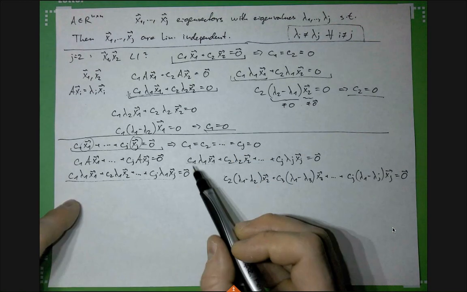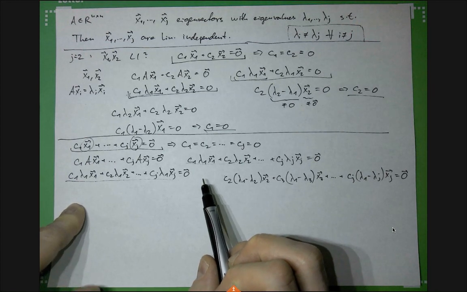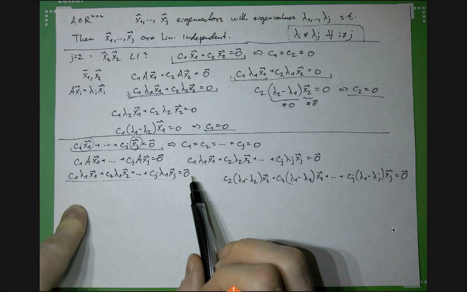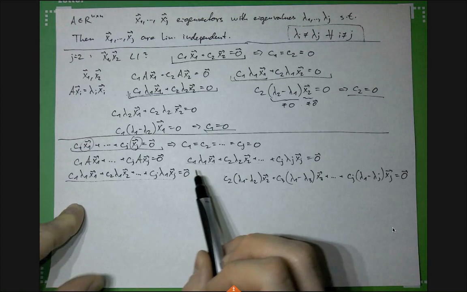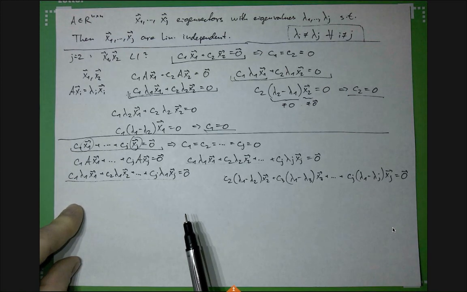So this way I eliminated the C1. That's what happened there. It's a little bit technical, but the key ideas are relatively simple. I'm basically just eliminating the unknown coefficients C's.